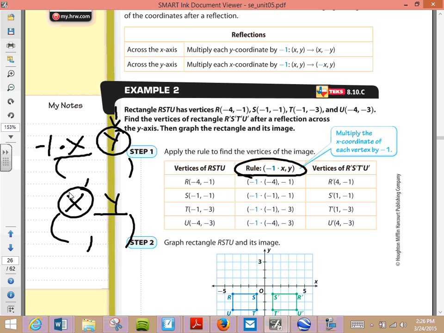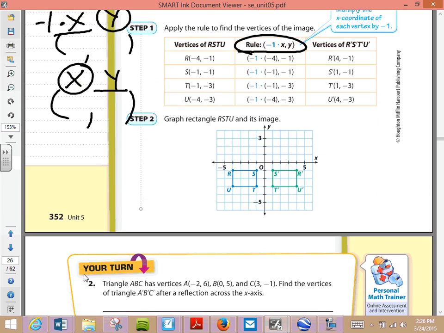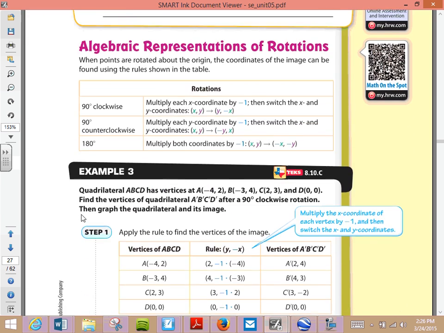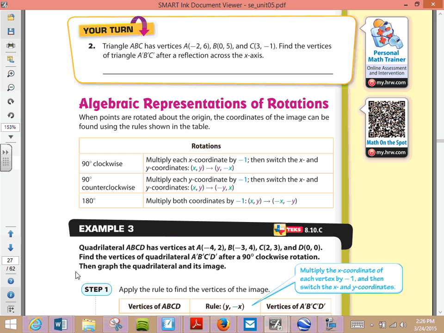The next one is going to be rotation. And rotation has 3 rules that you might have to memorize, so you might want to take that one out after the class. Here's the thing. If you're rotating clockwise, meaning going the way that the clock goes, then you multiply the x by -1 and then swap the values.